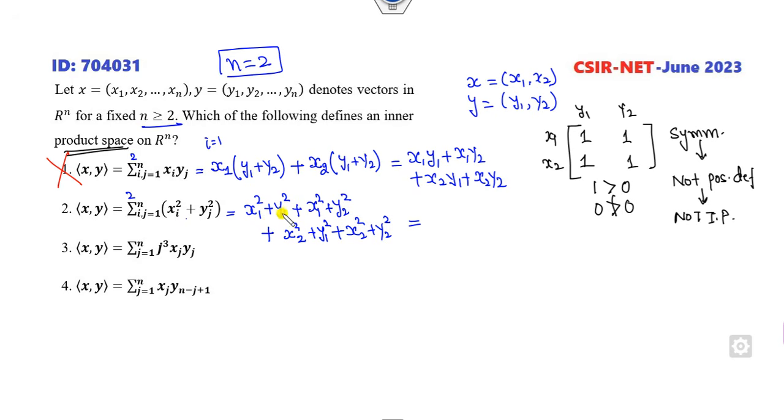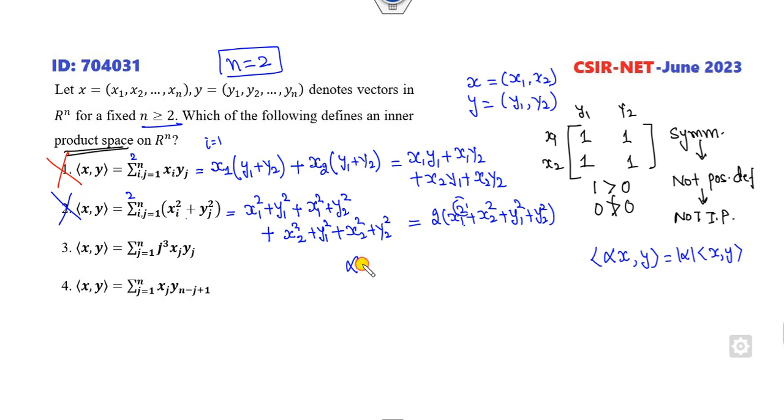Each term will be 2 times. Fine. Now since it is 2 cross 2, you are unable to write this in terms of a matrix. How can you prove that? We will check this property. We need this to hold, but definitely this is not satisfied. Why? Because of this square.